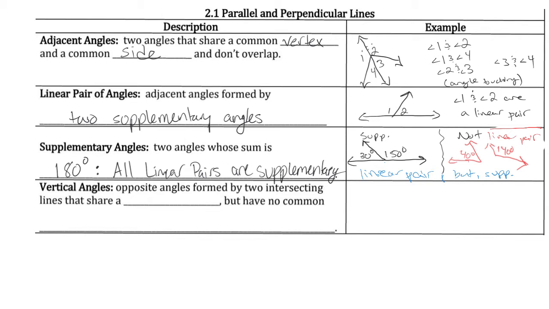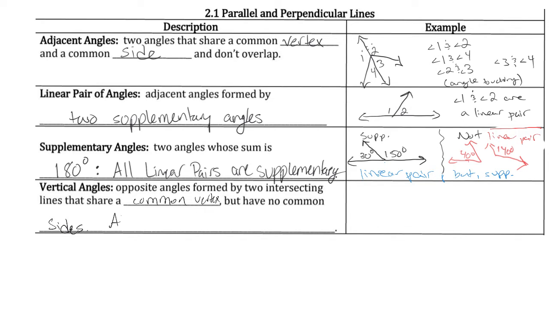Therefore, they make a linear pair. But again, back to vertical angles. Vertical angles are opposite angles formed by two intersecting lines that share a common vertex, but have no common sides.